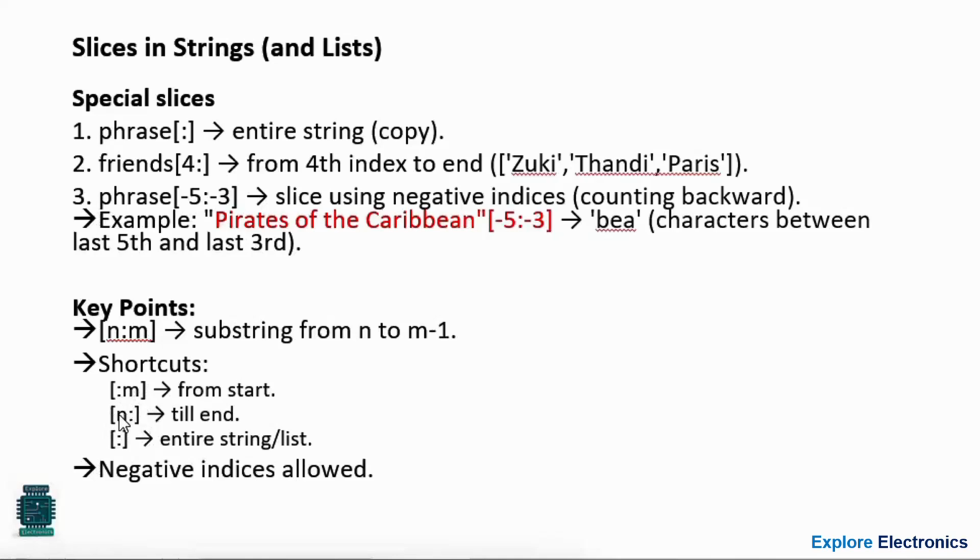We use this shortcut when we want from a particular item to the end. We use this from a particular item till the end. I use this when I want to access the entire string or list. Here in strings, the negative indices are allowed.